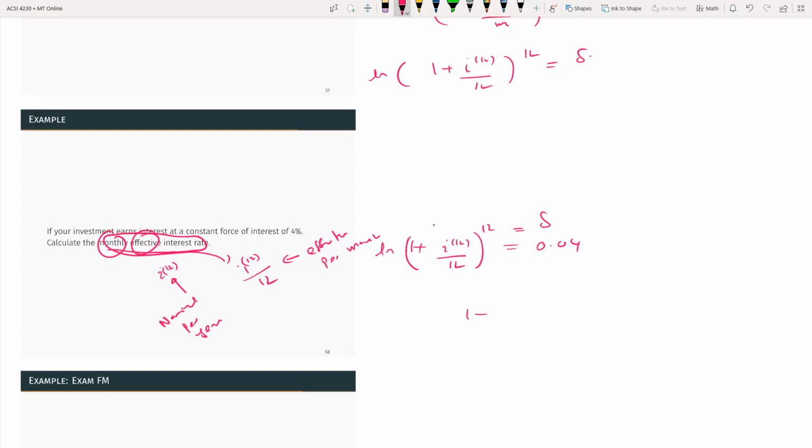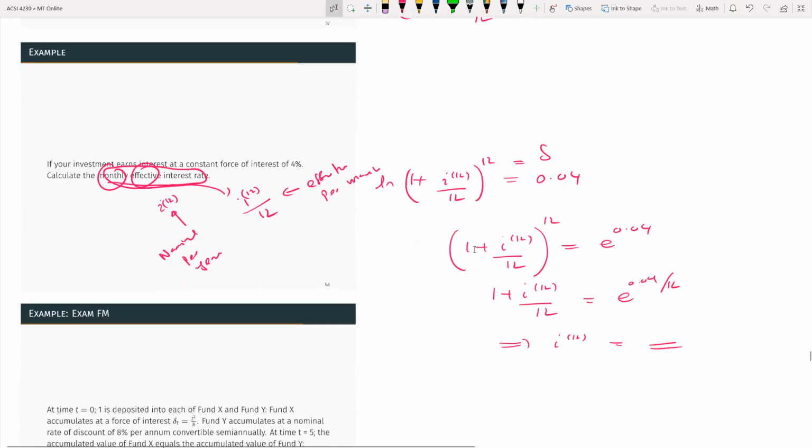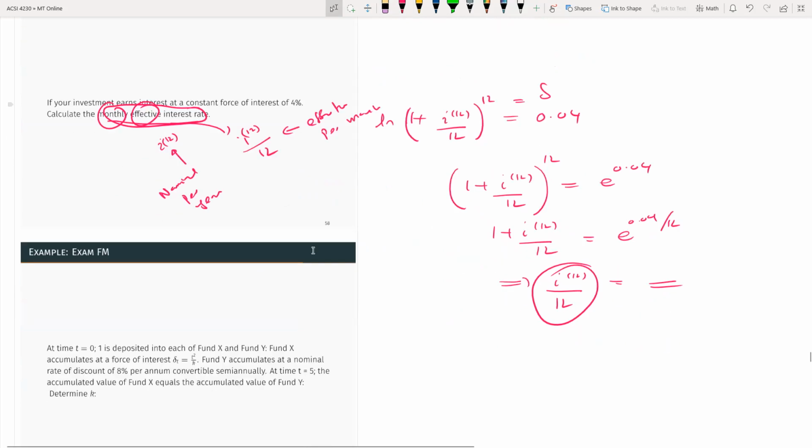So basically 1 plus... from here. I told you earlier, so that's what you need, the effective one. So you need this quantity.